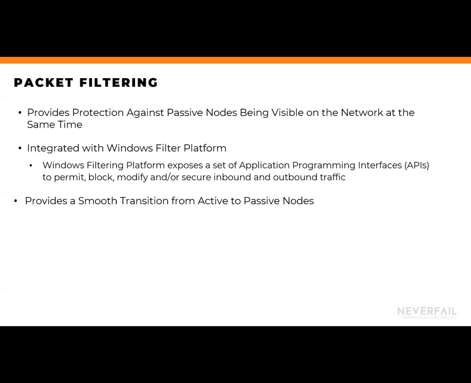We then replaced it when Windows 2008 R2 came out. They provided these new APIs. And so we wanted to use native Windows APIs to do this, and it's bulletproof. I mean, it really is stable. It provides a smooth transition between the active and the passive nodes. It just works. It works really, really well.